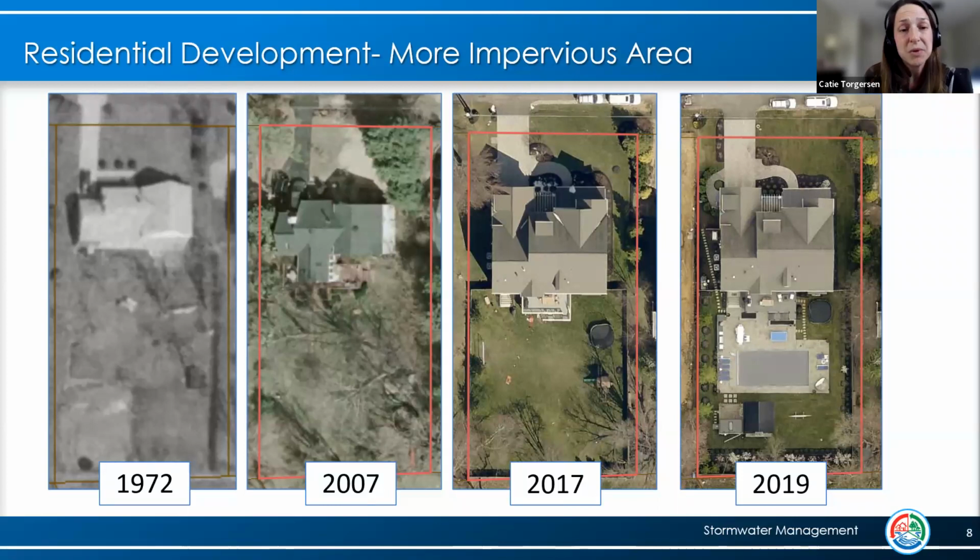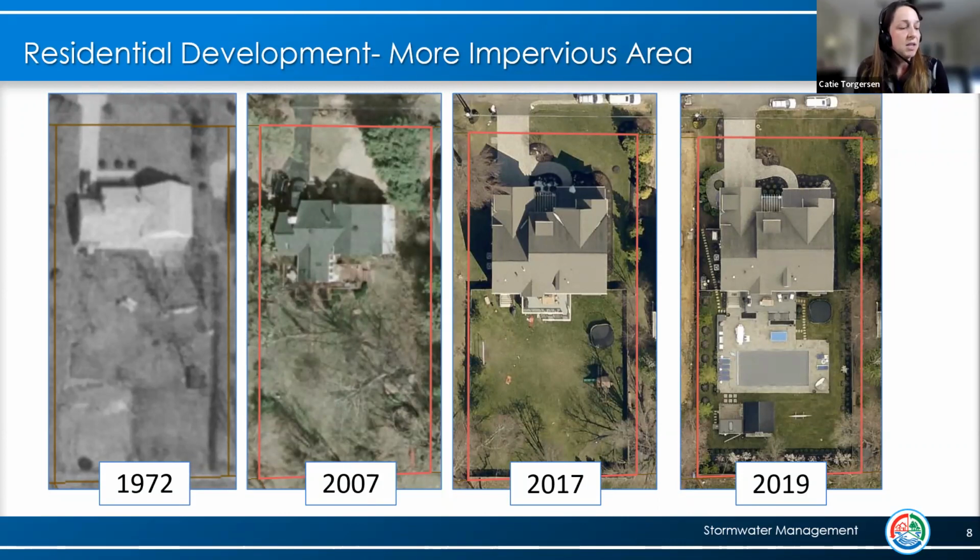Many of the older neighborhoods that we highlighted that developed before the 1970s and lacked stormwater management are now undergoing redevelopment through residential infill. Sometimes people call this mansionization, but it's the small homes being replaced with much larger homes that come with patios and driveways and pools.